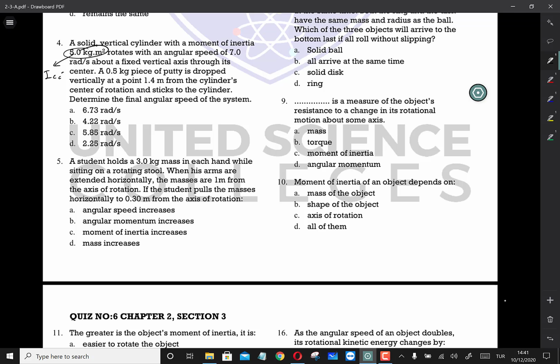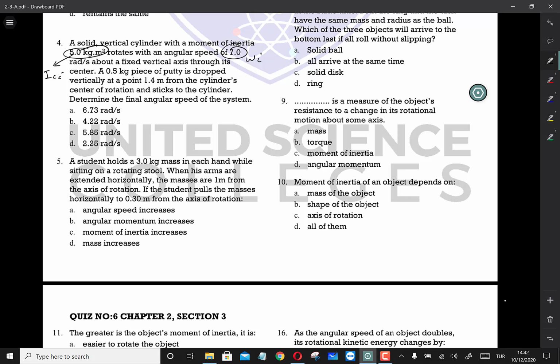And this cylinder is rotating with an angular speed of 7 radians per second. This is the initial angular speed. A 0.5 kilogram piece of putty is dropped vertically at a point 1.4 meters from the cylinder's center of rotation and sticks to the cylinder. Determine the final angular speed.